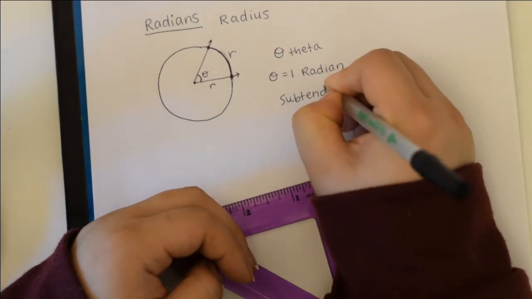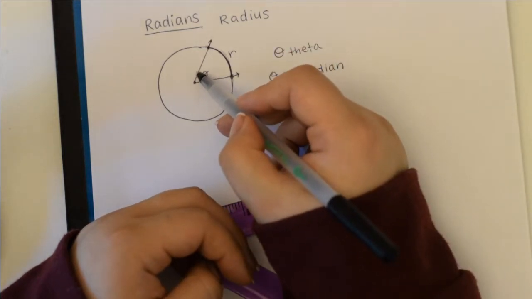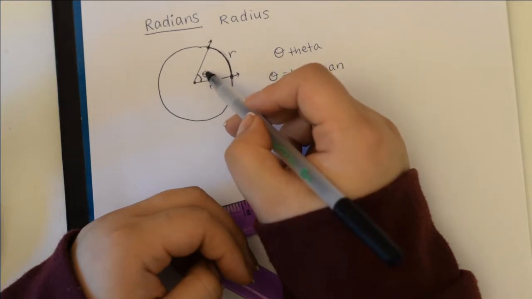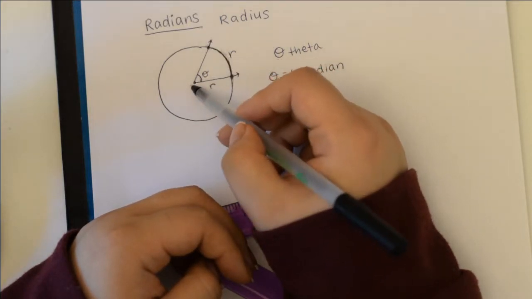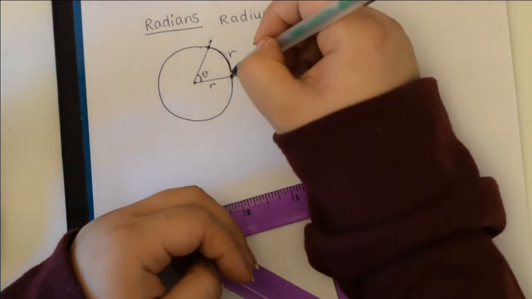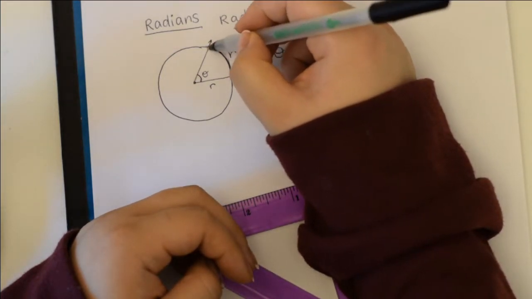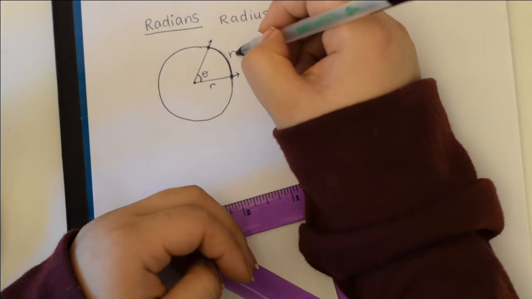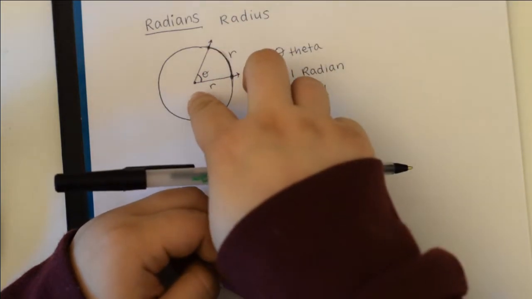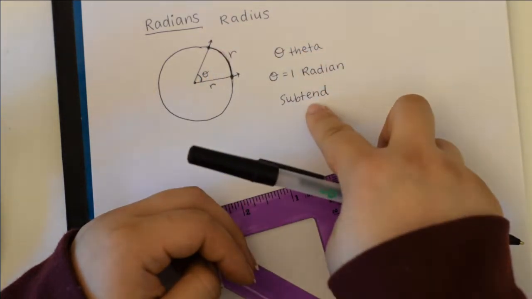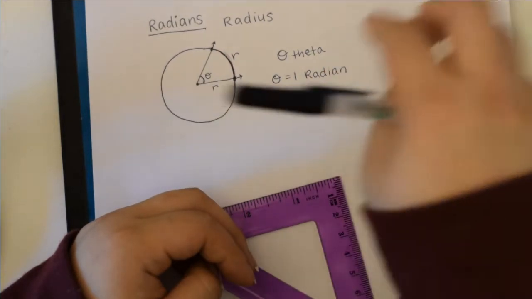So if I start with the angle and I say if theta is the angle that subtends the arc that has a length of r, which is my radius, then theta is 1 radian.